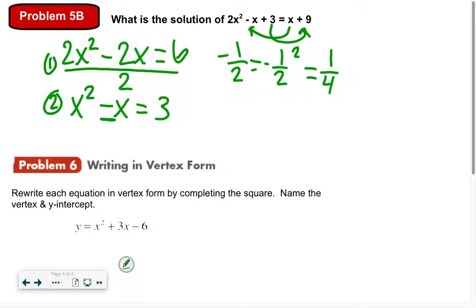So that's what I'm adding to each side. Okay? So I have x squared minus x plus 1/4 equals 3 plus 1/4. So add your squared value to each side. Is that step okay?